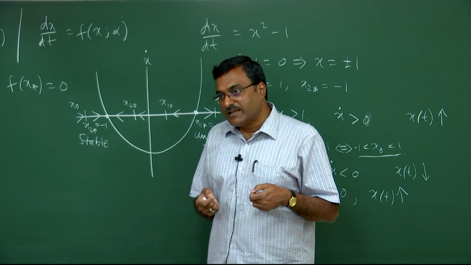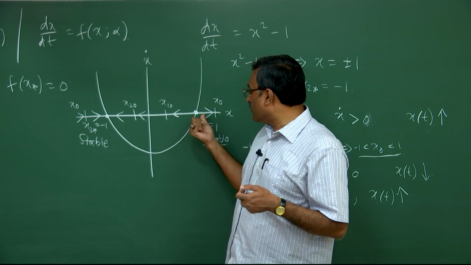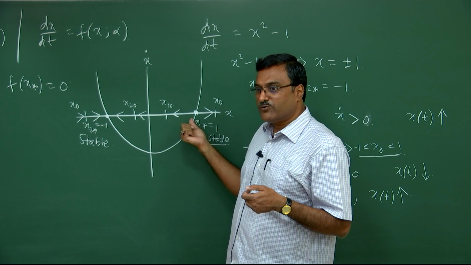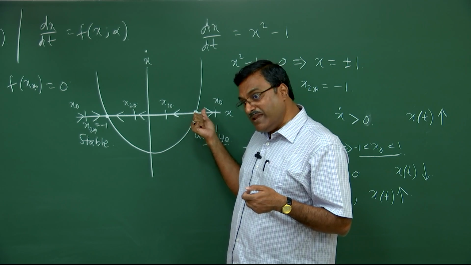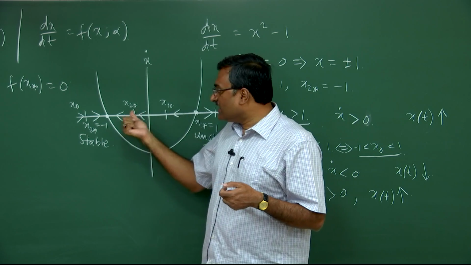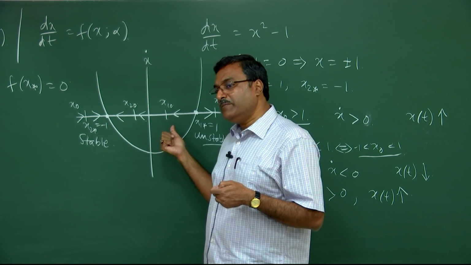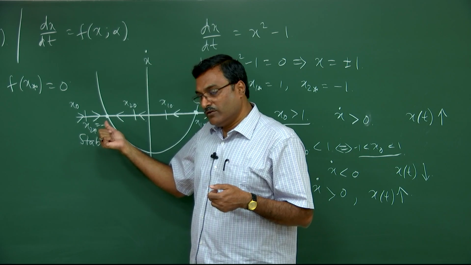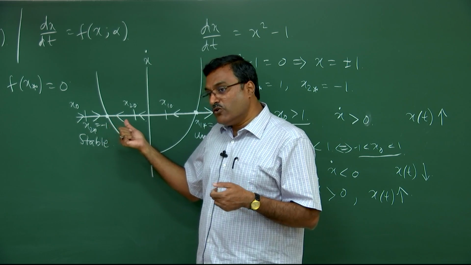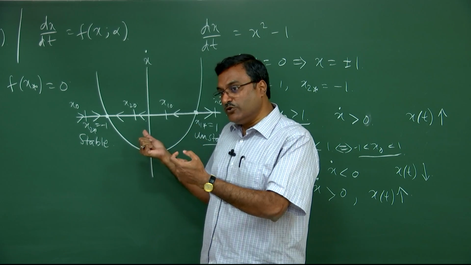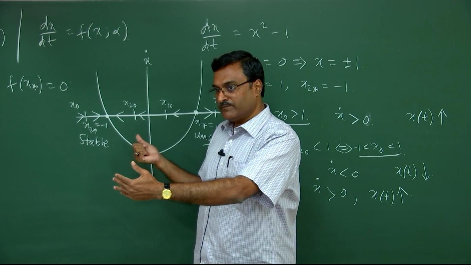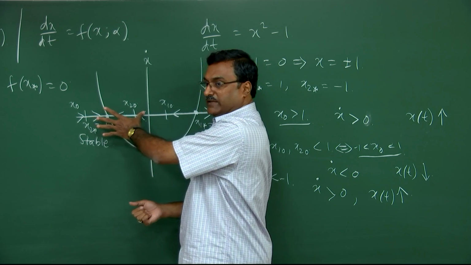We cannot say that, because in between there is one more equilibrium point, x1 star equal to 1. So for any initial condition, the solution trajectory will approach minus 1 if and only if your initial value x0 is less than 1. So that means it is a local property.